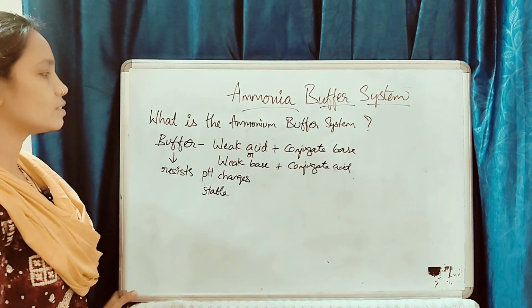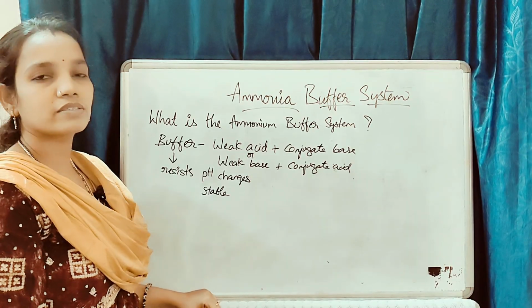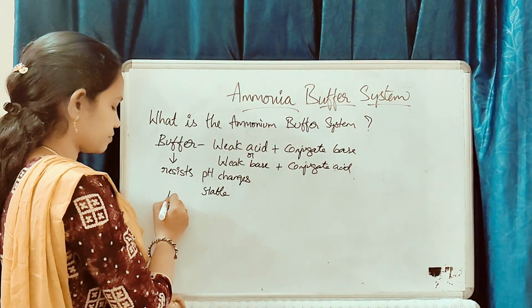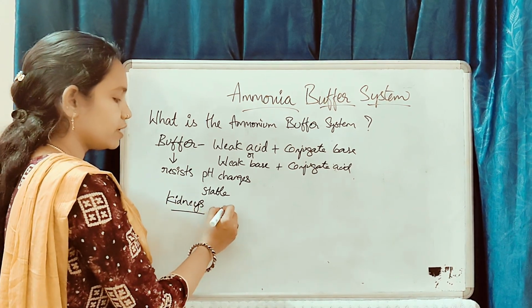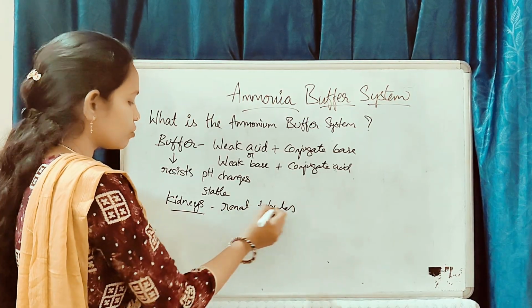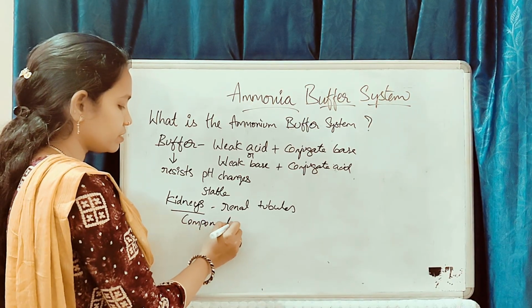Now let's see what is the ammonium buffer system. It primarily functions in the kidneys, especially in the renal tubules. What are the components of the ammonia buffer system?